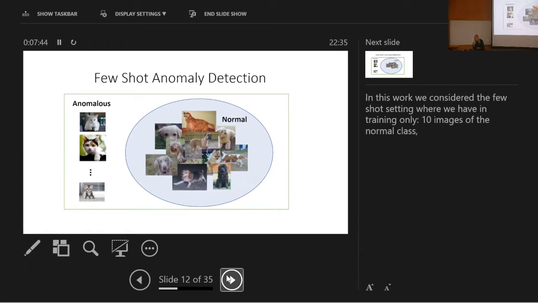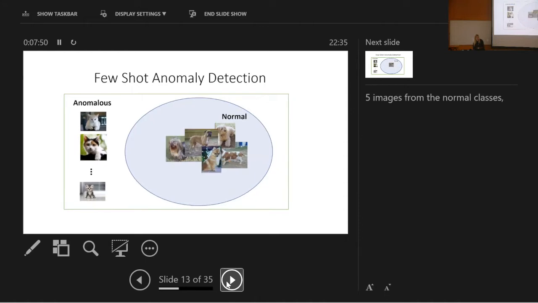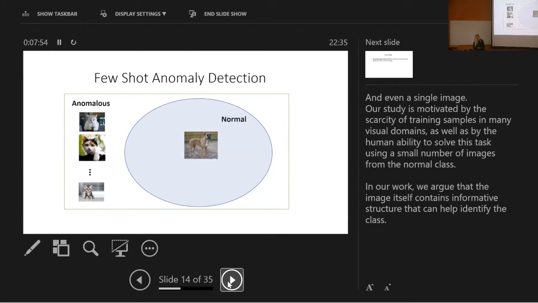In this work, we considered a few-shot setting where we have only 10 images of the normal class, or even 5 images of the normal class, and in the worst case, only 1 image of the normal class. Our study is motivated by the scarcity of samples in many visual domains, and also by the human ability to solve this task, given a small number of images.